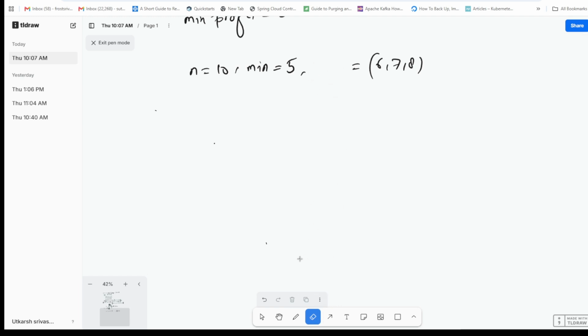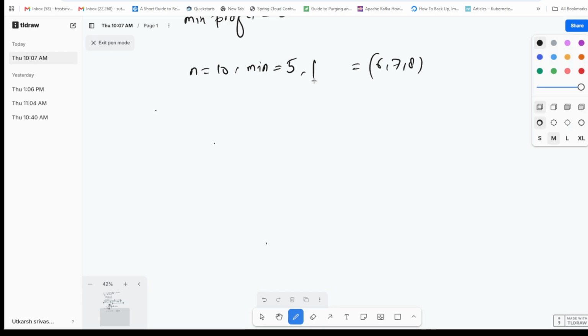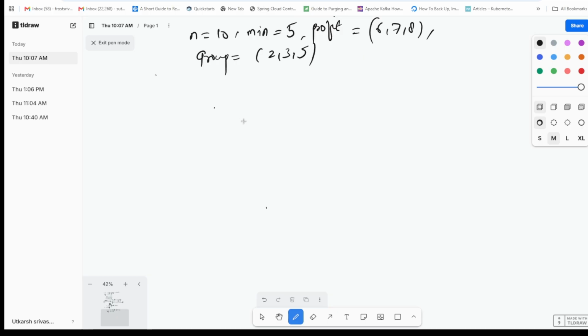So this is the profit, and group is 2, 3, and 5. We will follow the same steps: for each person we have a choice whether to include that person in our choice or not.